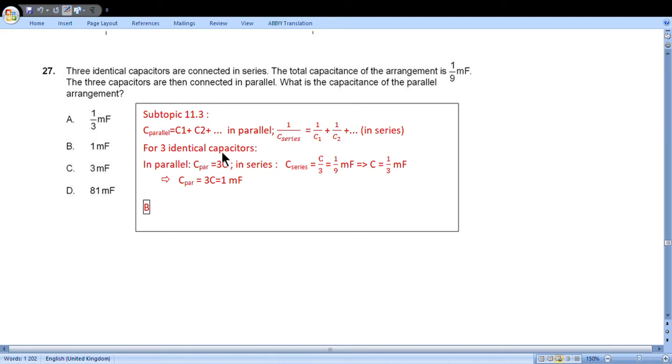For three identical capacitors in series we have C over 3, so C equals 1 over 3. We substitute this value for the parallel circuit, and we get 1. So the answer is B.